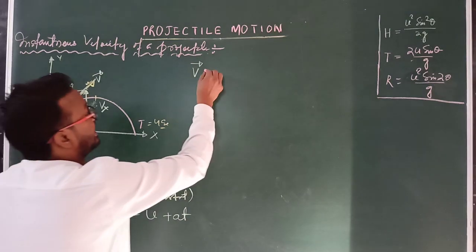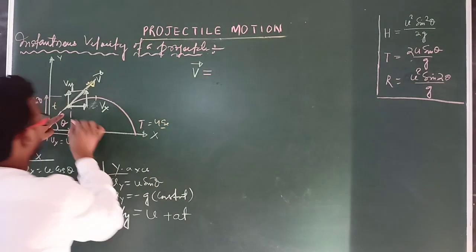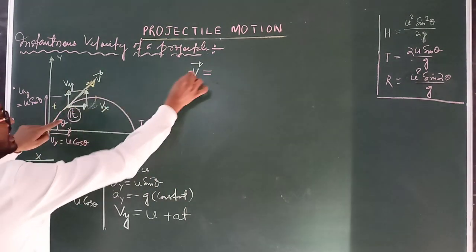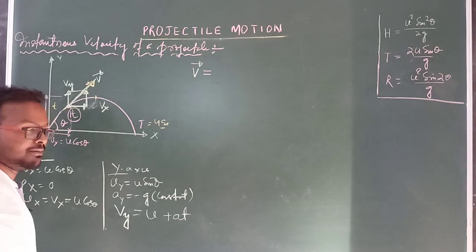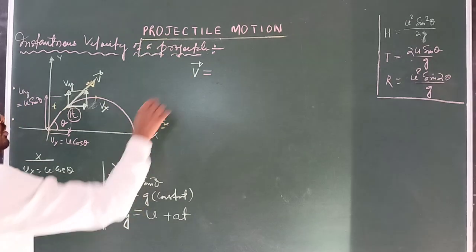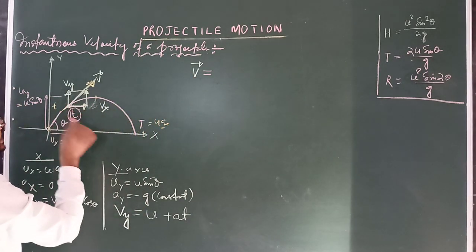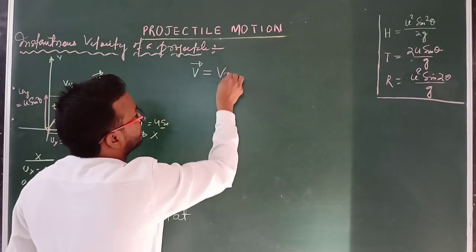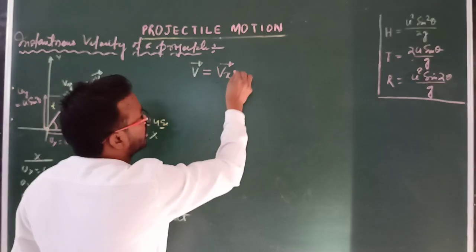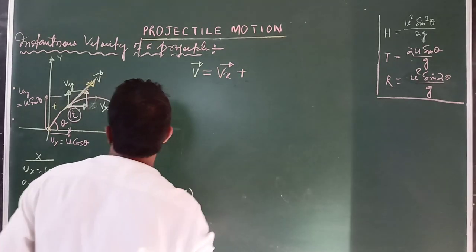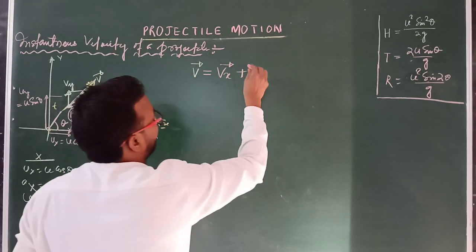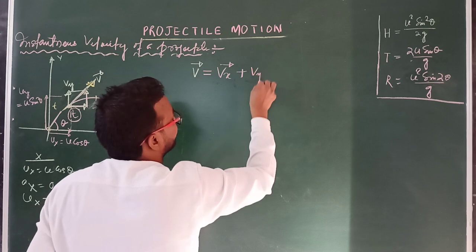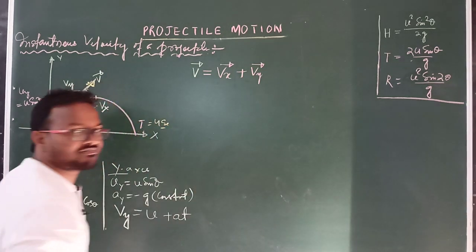So this v vector at this time t is known as instantaneous velocity because this is a particular instant of time. So this velocity along the x axis plus the y axis equals the resultant. So we can write here Vx vector plus, along the y axis, Vy vector.